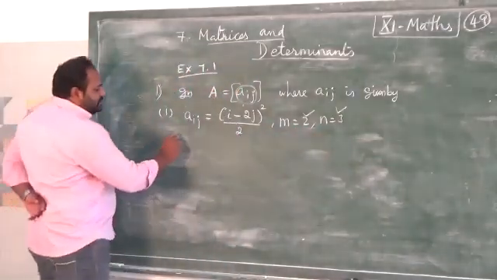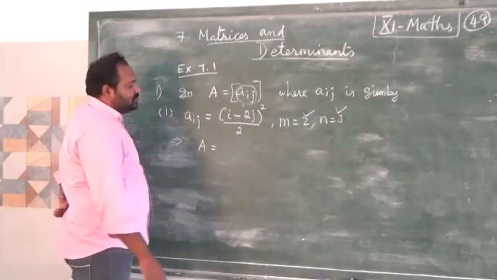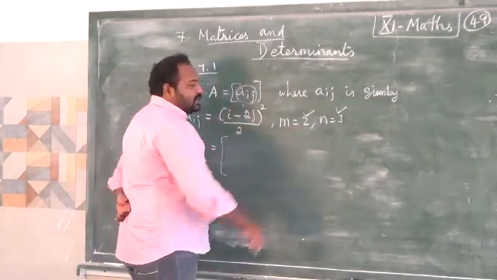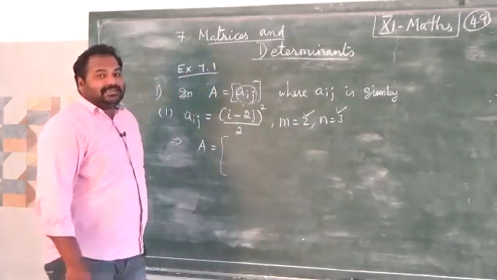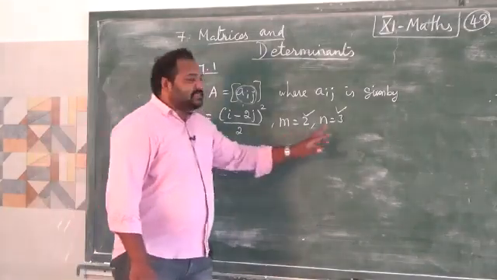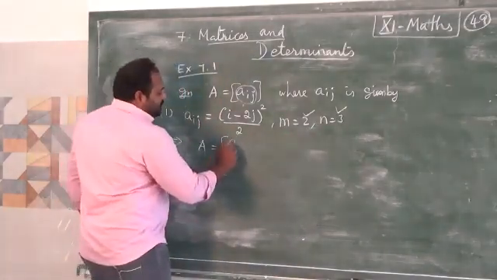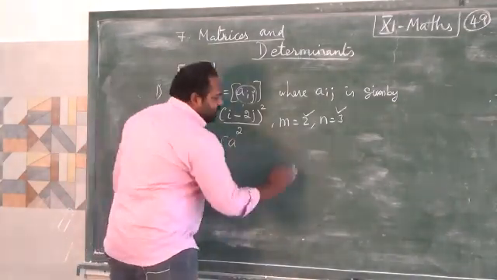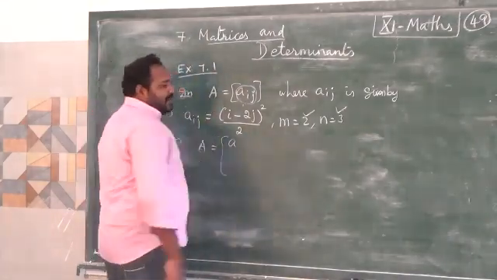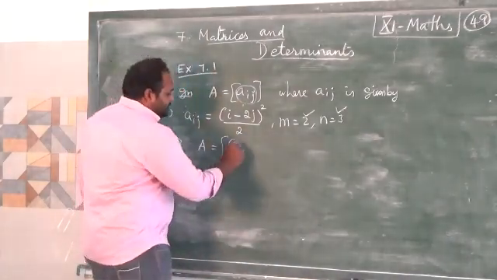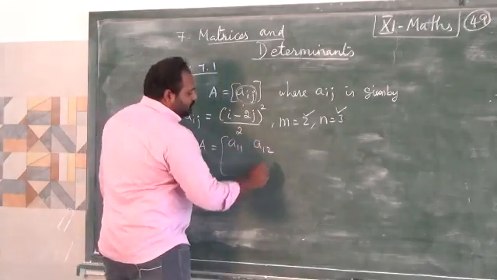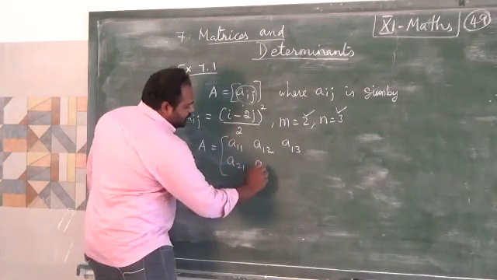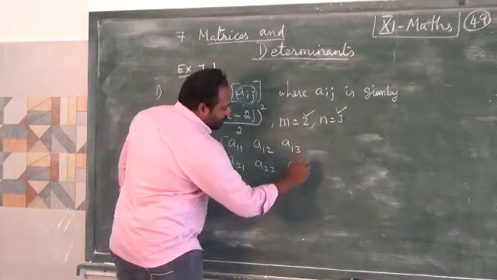So here I am going to arrange a matrix A equal to a 2 cross 3 matrix. 2 cross 3 means we have to construct a matrix with 2 rows and 3 columns. I don't know the exact values yet, so I will give the general form: A11, A12, A13, A21, A22, A23.